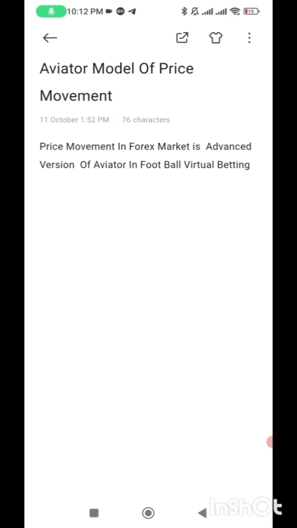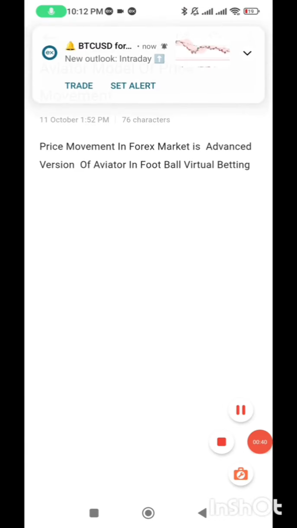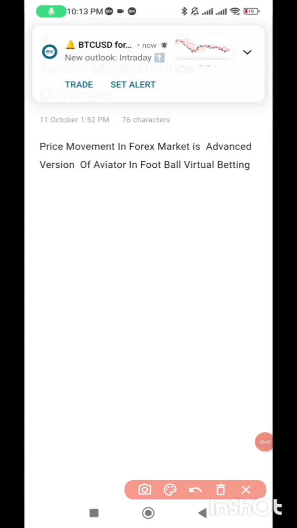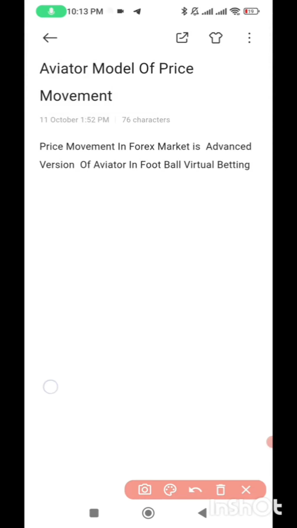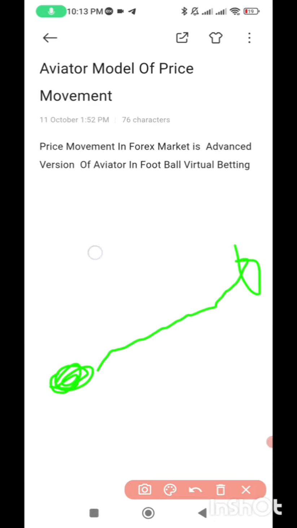Okay, so in football virtual betting, the Aviator is like an airplane that starts from a point lower and then starts going up, and as it's going up, it's multiplied by a certain factor k, and this k keeps increasing by some amount until it reaches a maximum value.